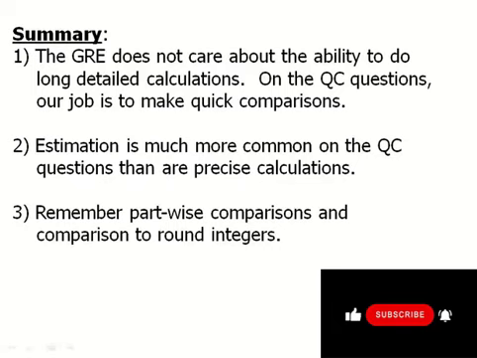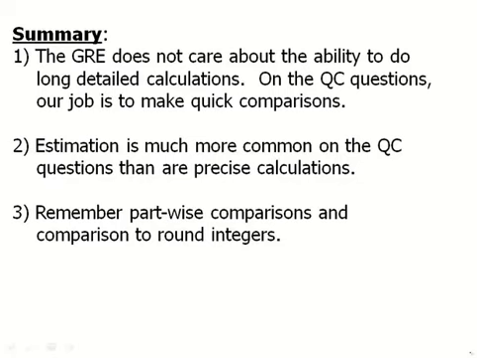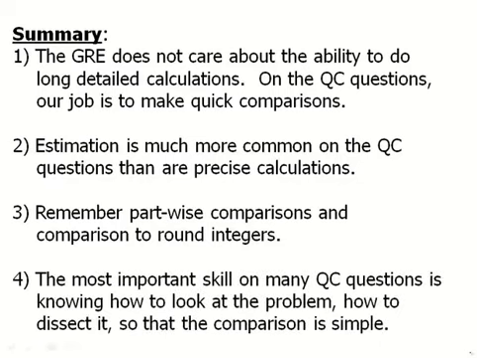So some of the tricks I mentioned, doing part-wise comparisons, that's a strategy that comes up sometimes, and then rounding things to round numbers, doing comparisons to nice round numbers. These are just patterns to keep in mind. And finally, the most important skill on many QC questions is knowing how to look at the problem and how to dissect it so that the comparison is simple.